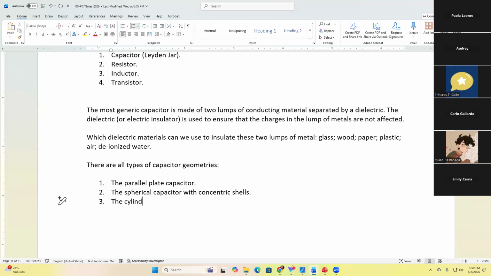The cylindrical capacitor with concentric shells, and so on, and others. The limit is your imagination. Like I said, it can be the most generic geometry that you can get out there. It can be two lumps of conducting material electrically insulated from each other.